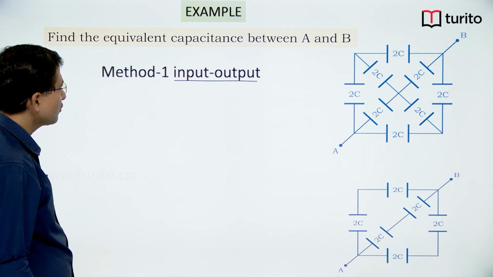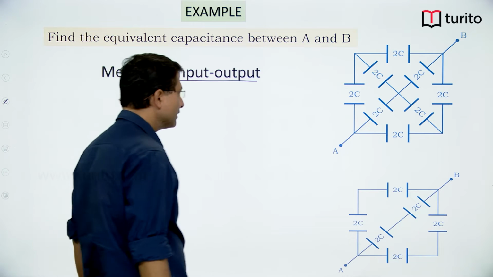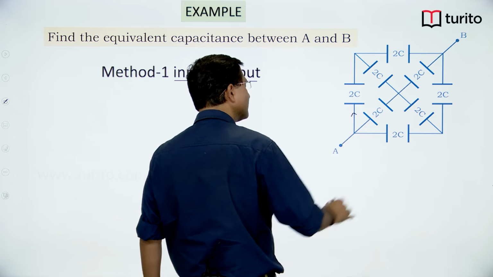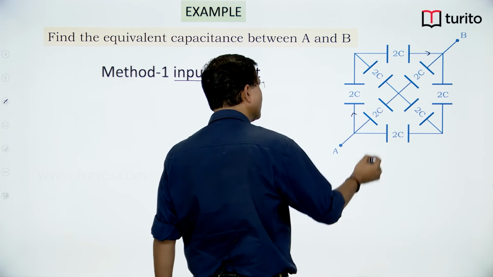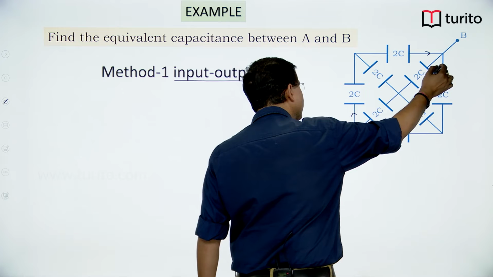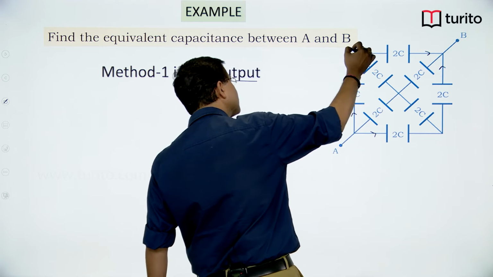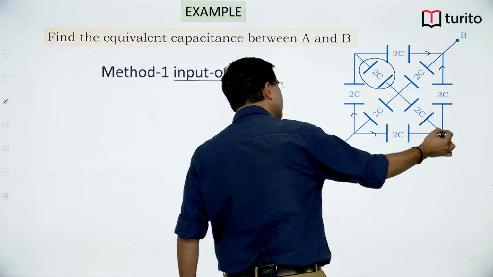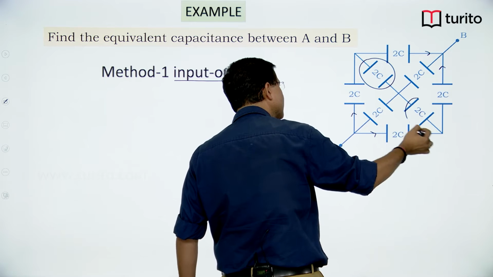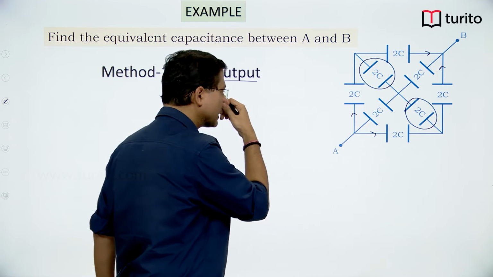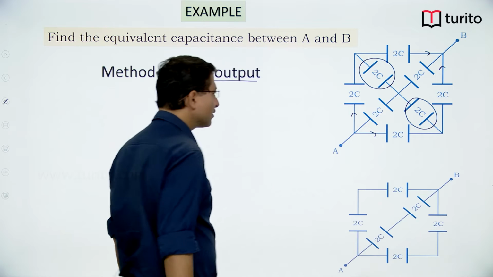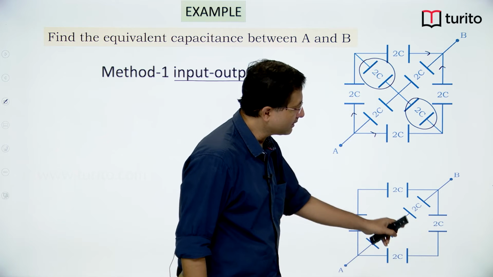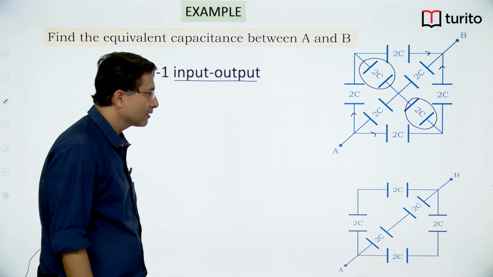So if I apply input output symmetry, now see, whatever charge is given to this one will be given back by this one, and whatever charge is given to this one will be given back by this one. So if this charge is the same as this charge, there is no role of this capacitor. That means there is no division, there is no role of this capacitor. So I can remove these two capacitors and redraw the circuit this way.